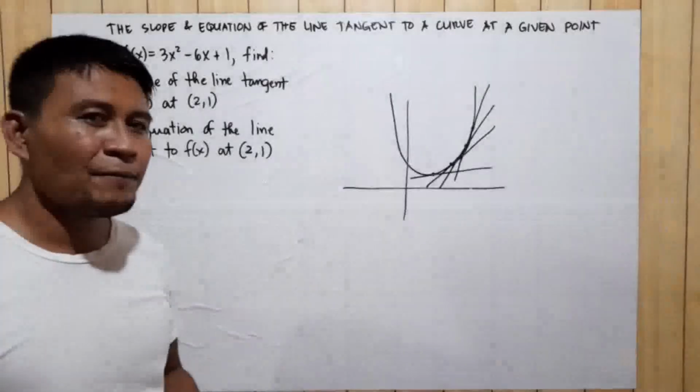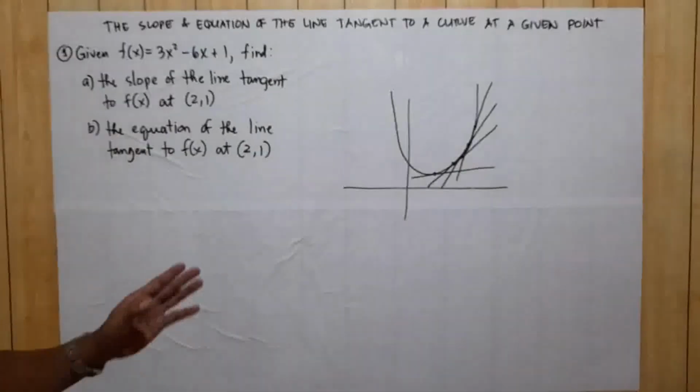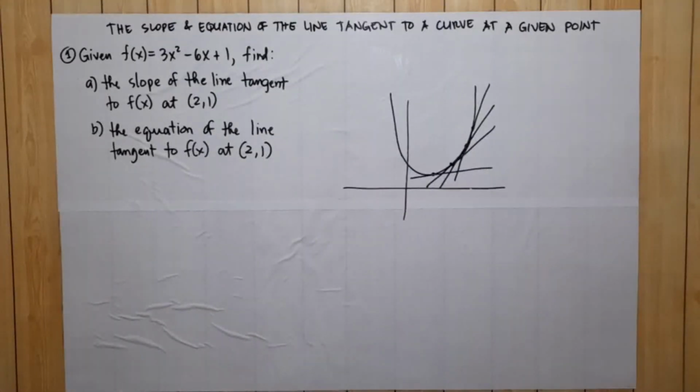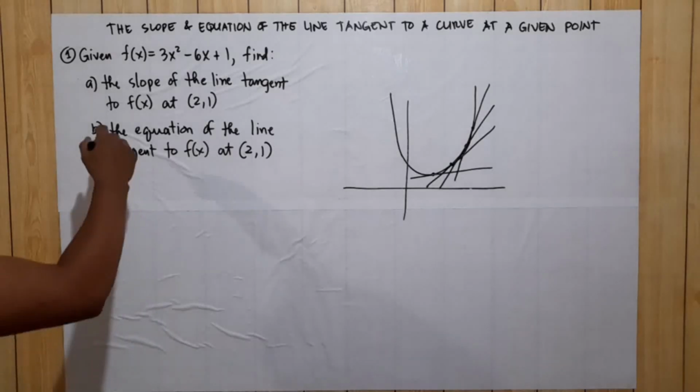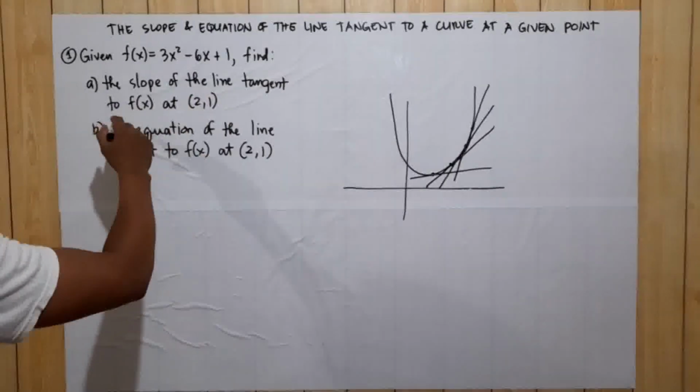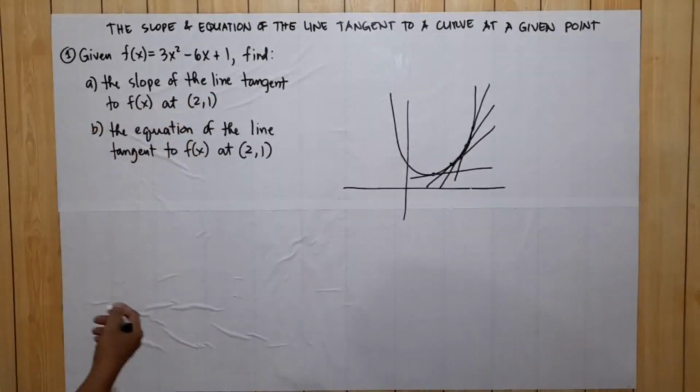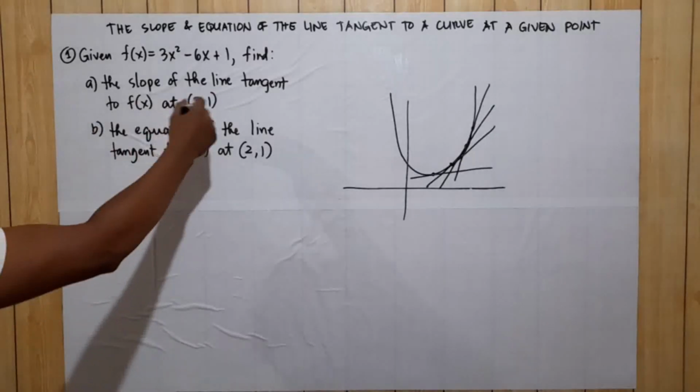Okay, dito po sa example natin, meron po akong dalawang problems lang. Kunwari, we're given function f of x which is equal to 3x squared minus 6x plus 1. Una, we're going to find the slope of the line tangent to f of x at (2, 1).